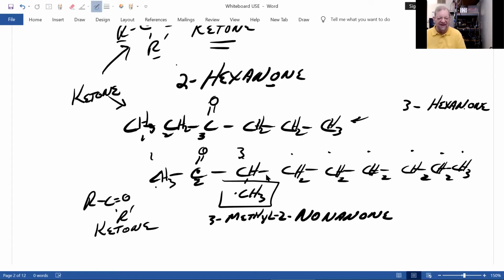Again, what's the longest chain with the carbonyl carbon, carbon double bond to oxygen? It's 9, nonane. Drop the E, add ONE, nonanone. What carbon is it on? Carbon 2, and we have a methyl group on 3.